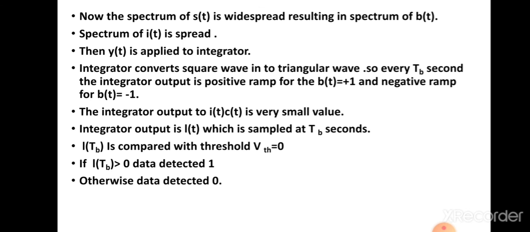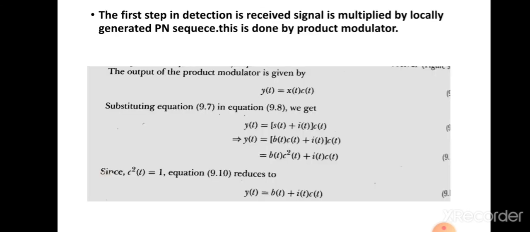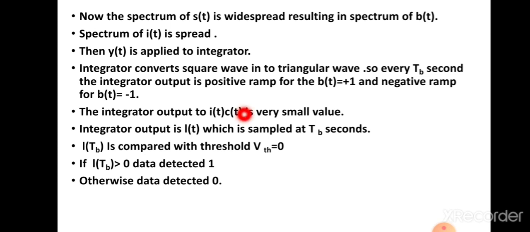So the integrator output we can now represent as L of t. That L of t is applied to a sampler, which samples the output at every TB second, as you can see in the block diagram. Whenever L of t is sampled with the sampler, the output will be L of TB.